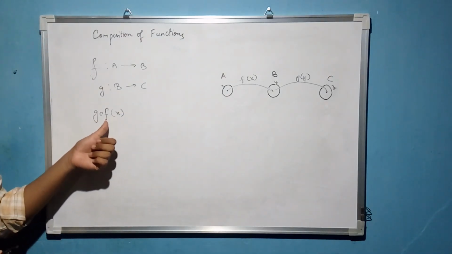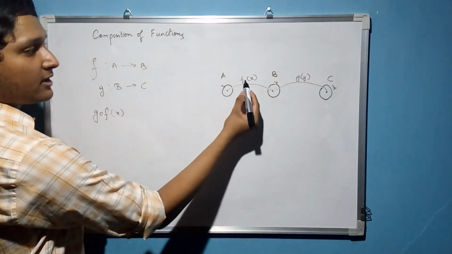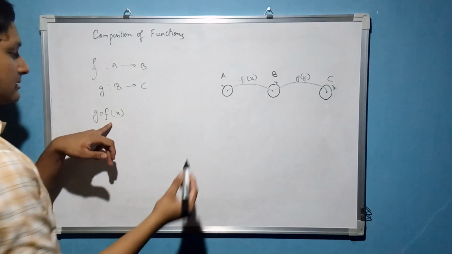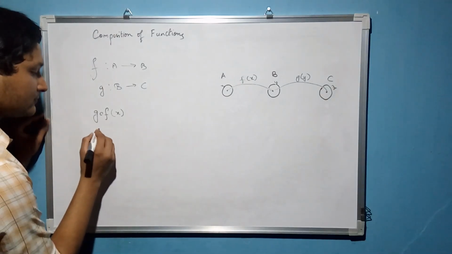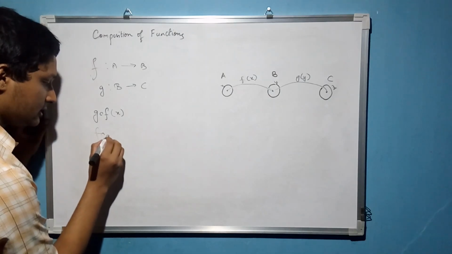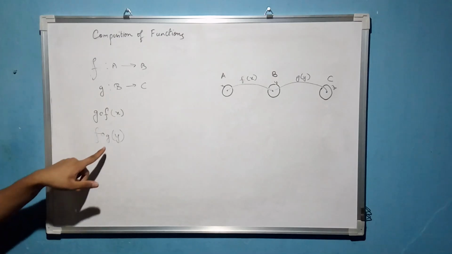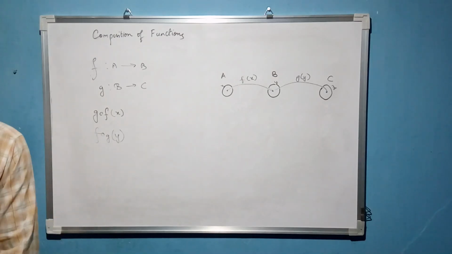Because the input of the f function is x here, it is f of x, or I can write it as f dot g of y, which is g of y. This is the opposite of that.